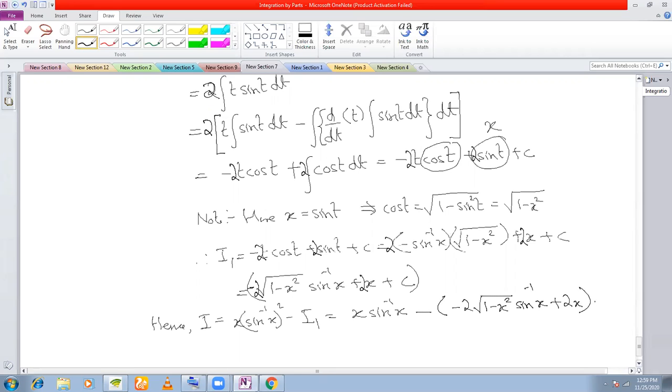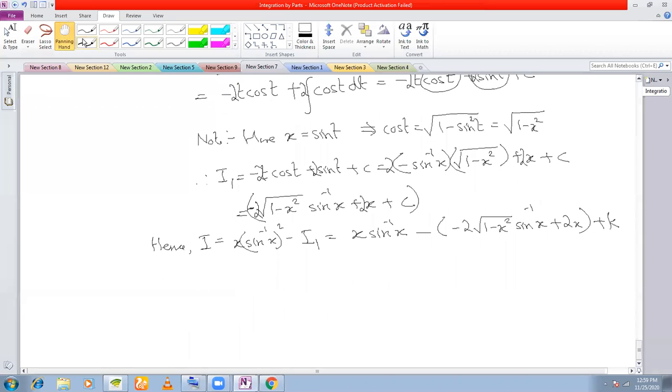And the constant of integration, you can put it as k in the ultimate step. So here you have, what is your answer? x sin inverse x whole square plus, if you open the brackets, 2 root 1 minus x square sin inverse x minus 2x plus k. That is your answer.